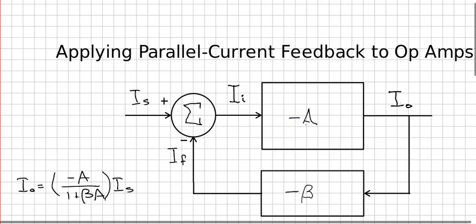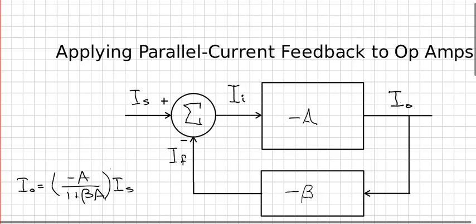When we do this little operation, the gain after feedback can be seen from this equation here. I_out equals minus A, the reason it's minus is because we have that minus, over 1 plus beta times A, and the beta times A is not negative because the minus on the beta and the minus on the A canceled off. And this gives us an inverting amplifier after feedback.